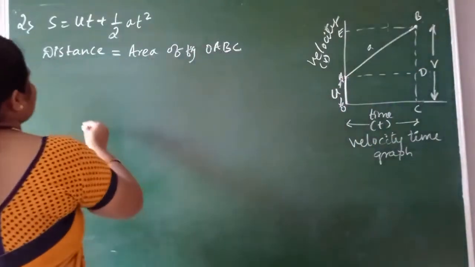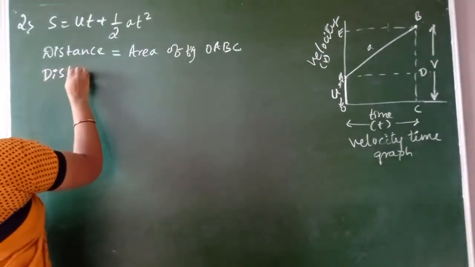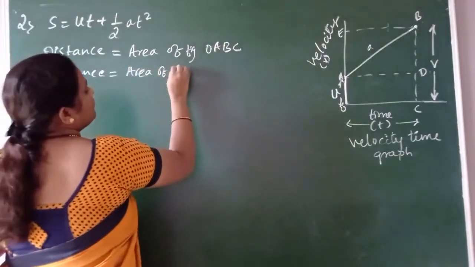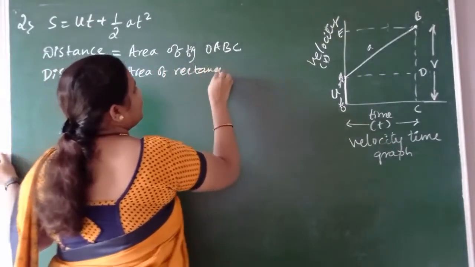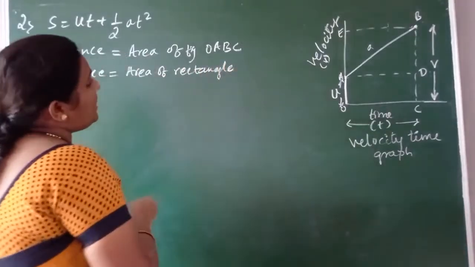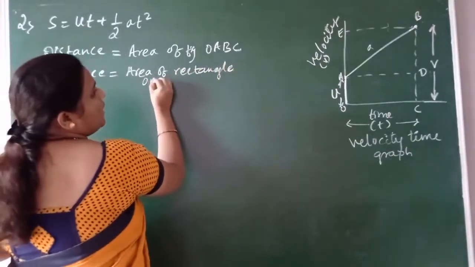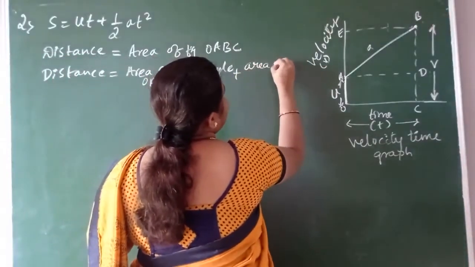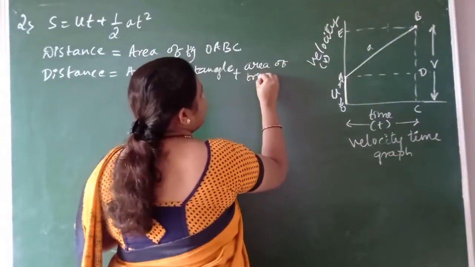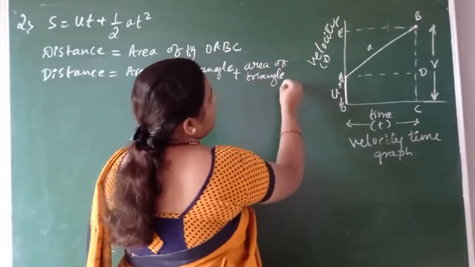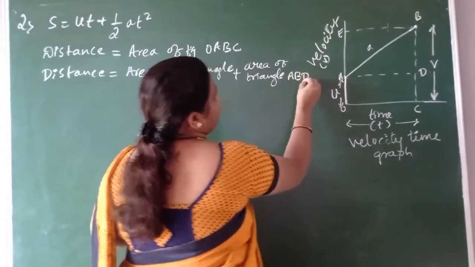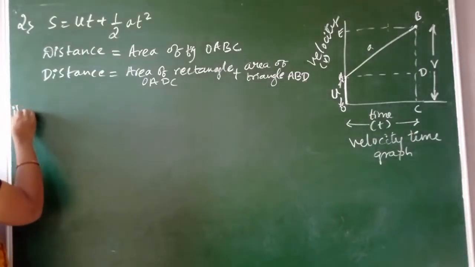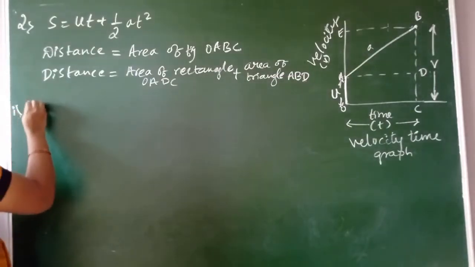So distance is nothing but the area of rectangle OADC plus the area of triangle ABD. Isn't it, children?